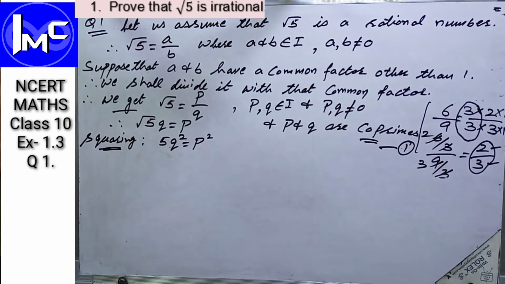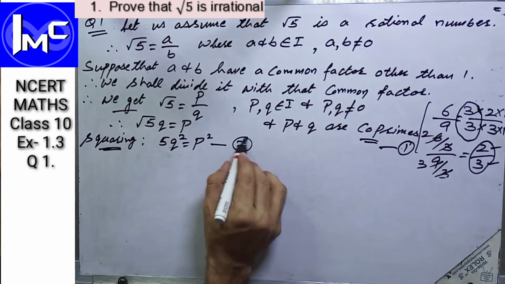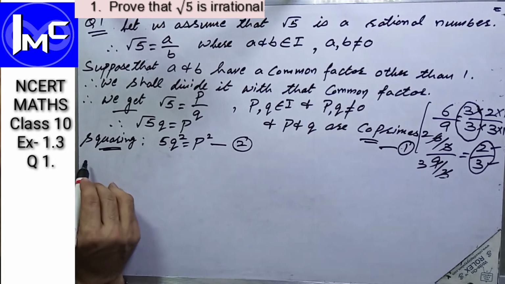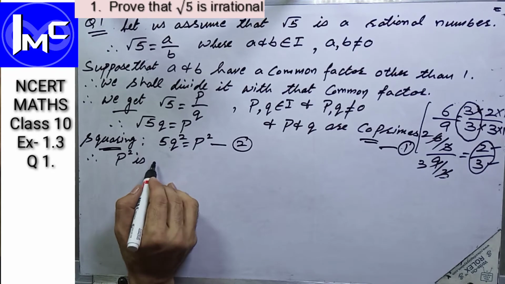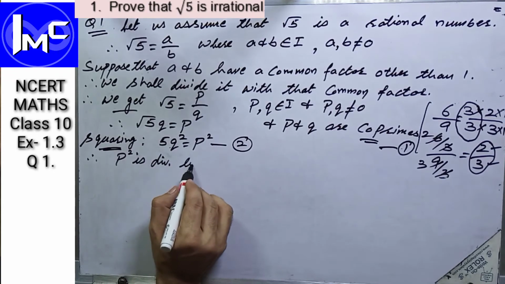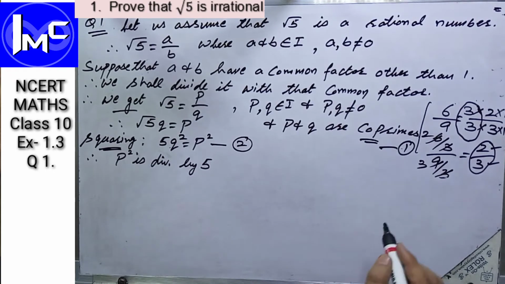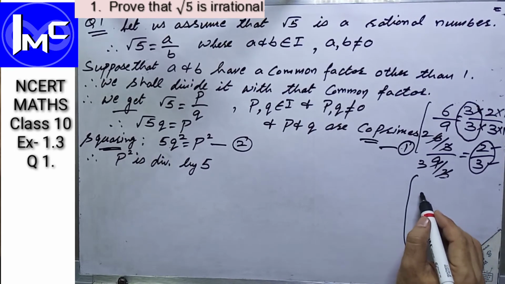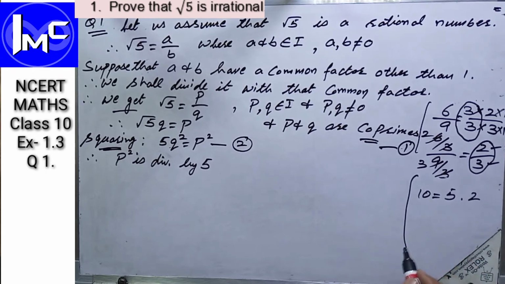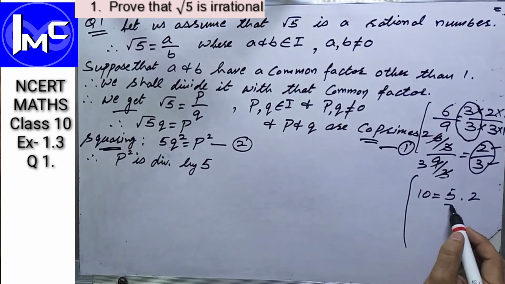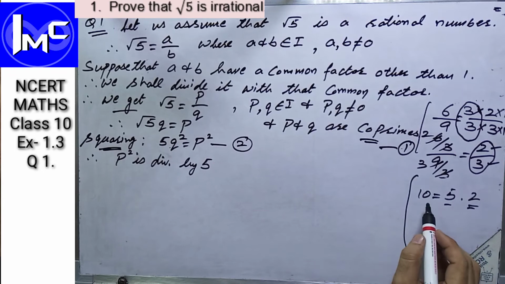Now we can say this can be taken as 2. Therefore, p square is divisible by 5. Why? See here. If I write 10 is equal to 5 into 2, then I see that 5 and 2 are the factors of 10.